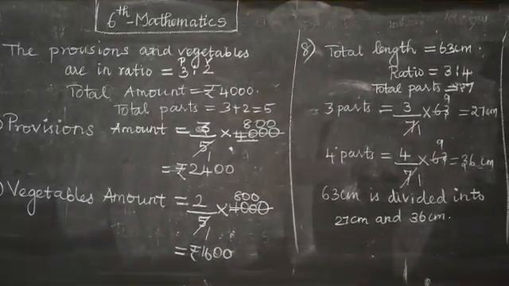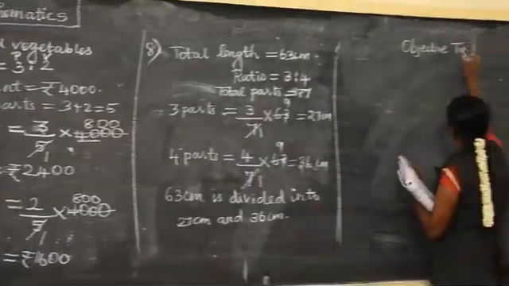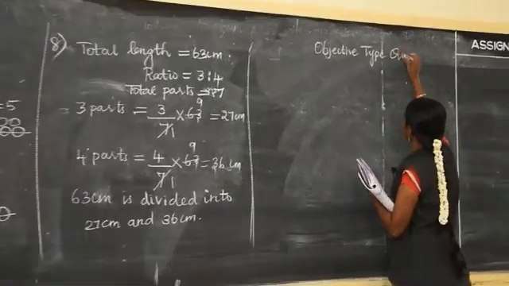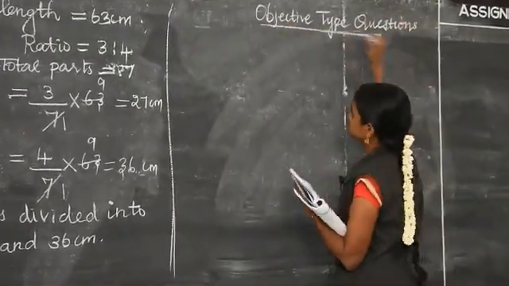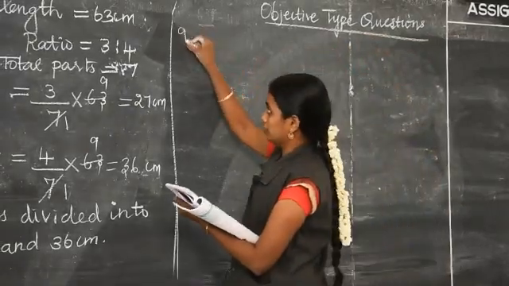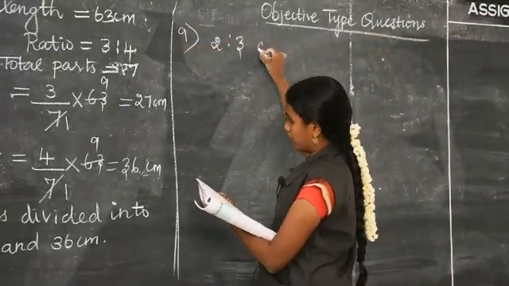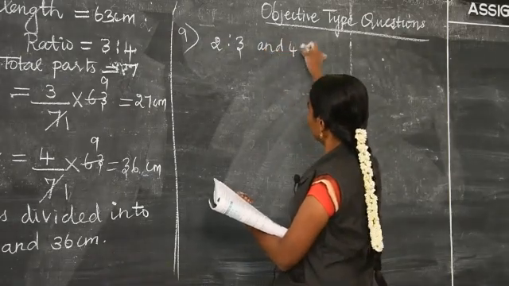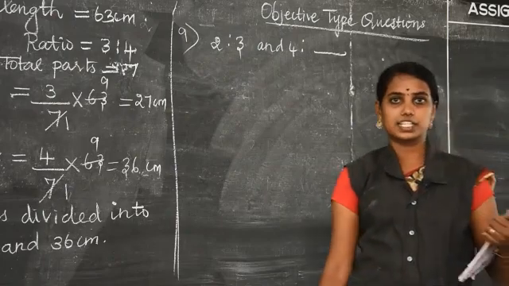Next we are going to see objective type questions. Question number 9. Listen. 2:3 and 4:_ are equivalent ratios. Then find the missing term.